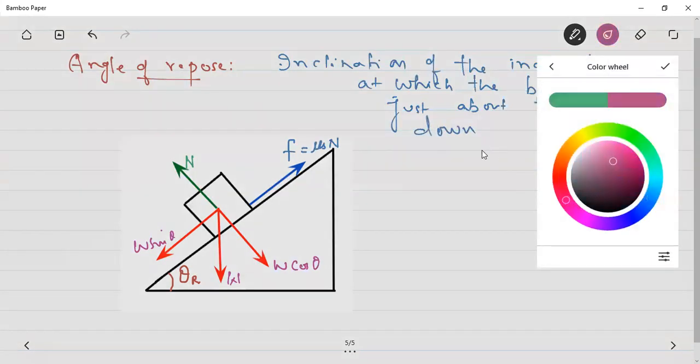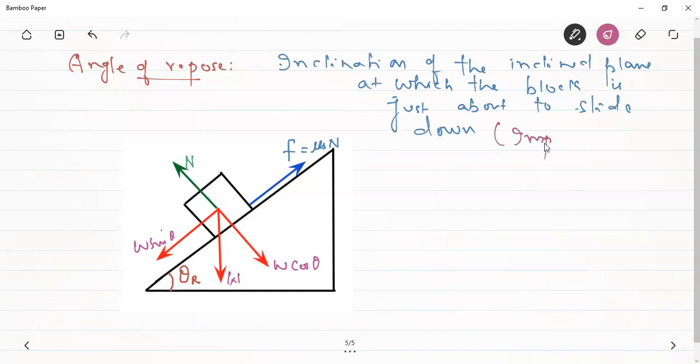It is the case of impending motion. Since impending motion is also a case of equilibrium, because it is not moving, it is just about to move, we can use the equilibrium equations.